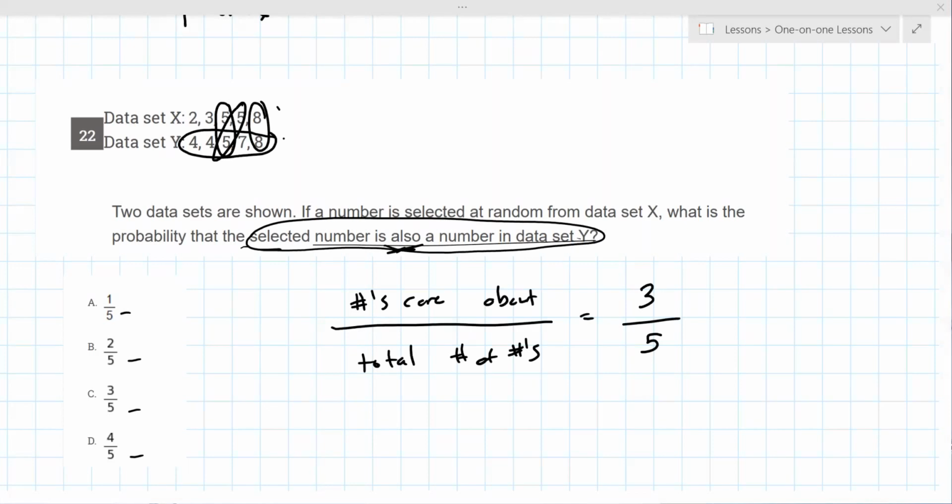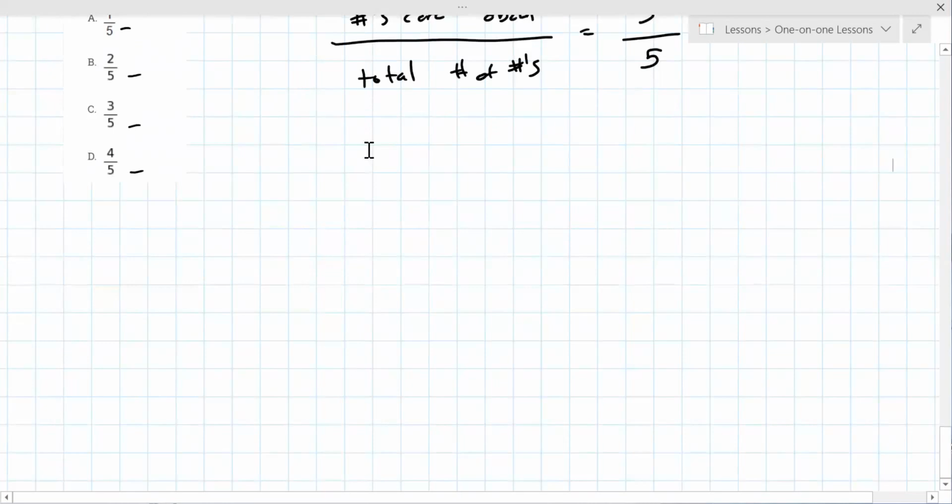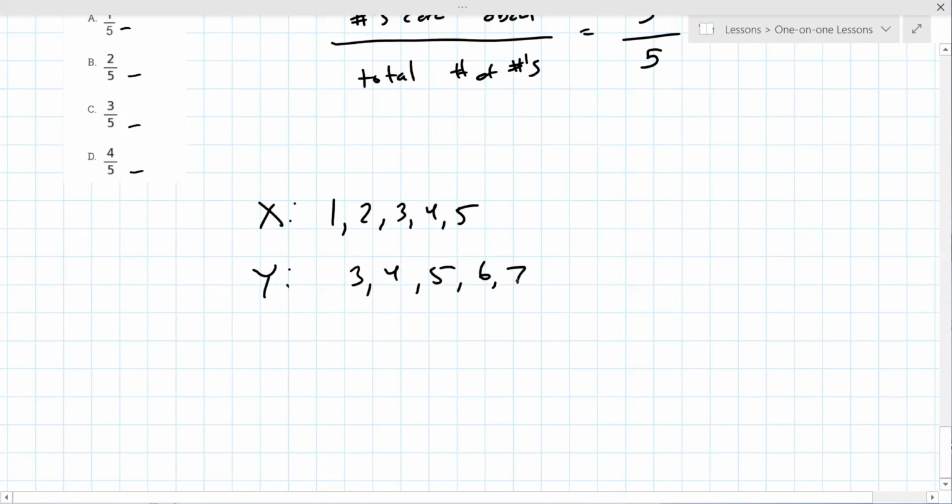The problem here is I don't have a great example, but I can make one up. Let's say X has the numbers 1, 2, 3, 4, and 5, and Y has the numbers 3, 4, 5, 6, and 7.